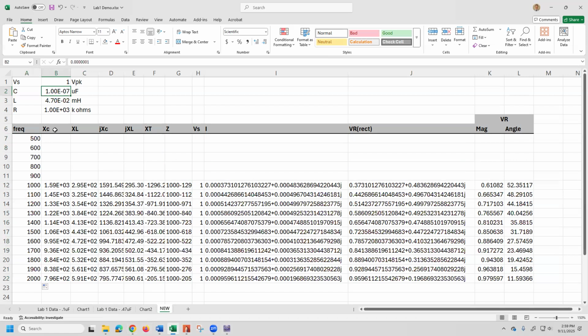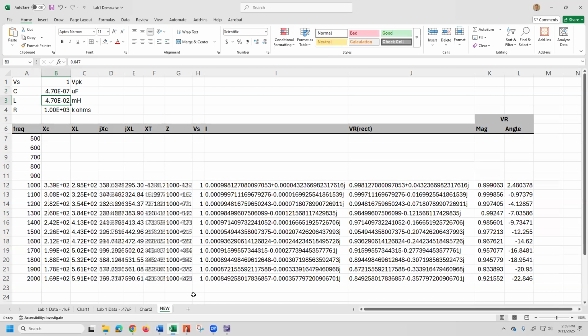And then we want to change this to 0.47E-6. So just type in 0.47E-6. Enter. Do you got that so far?